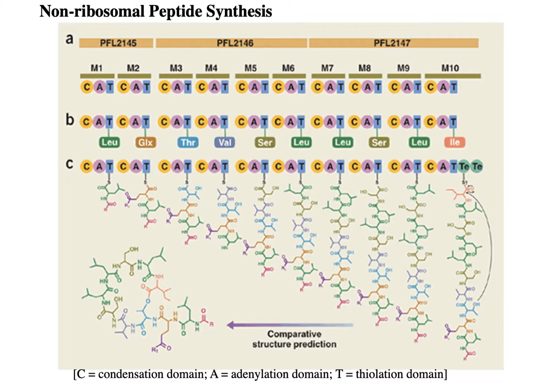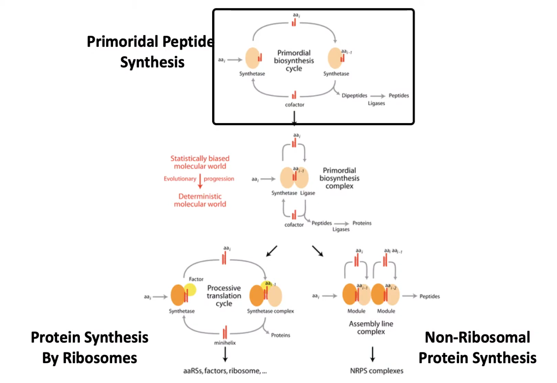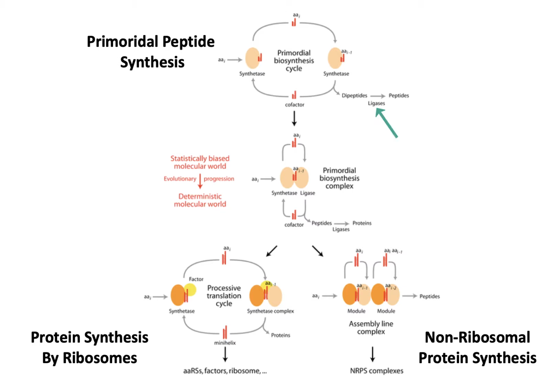So that can lead to this type of system, non-ribosomal peptide synthesis, which apparently it has. This is one outcome of that type of system. So in this scheme, you start out over here with the synthase, which is making dipeptides here, putting 2 amino acids together at a time. You add the ligase down here to make proteins, peptides and proteins.